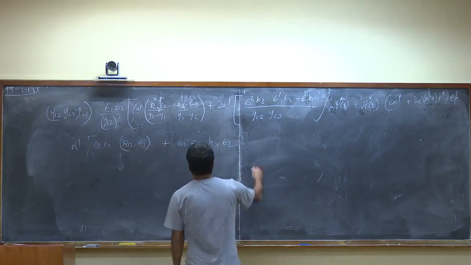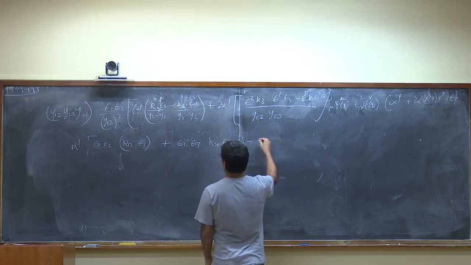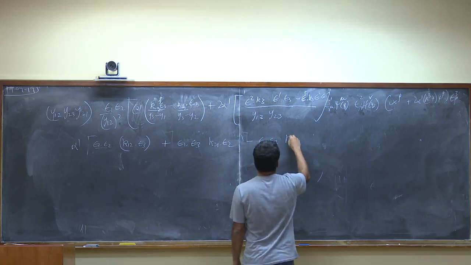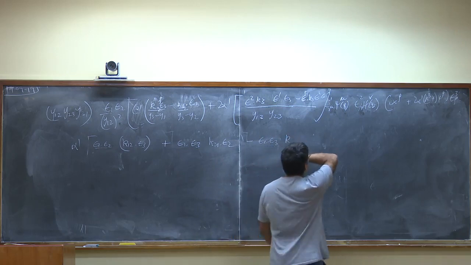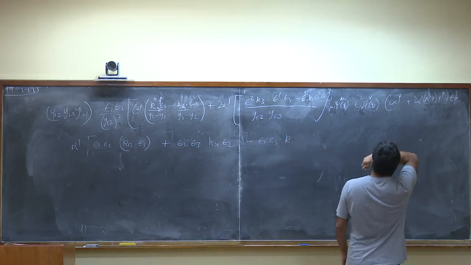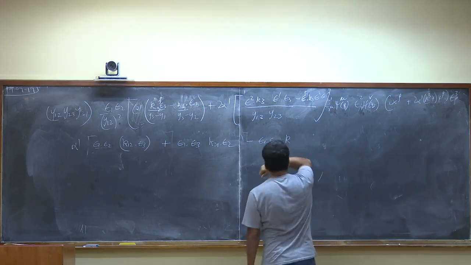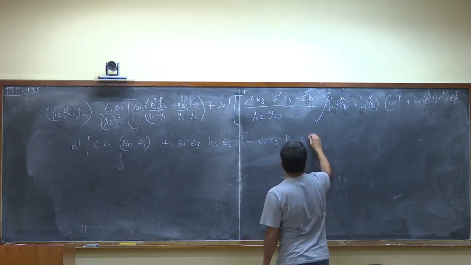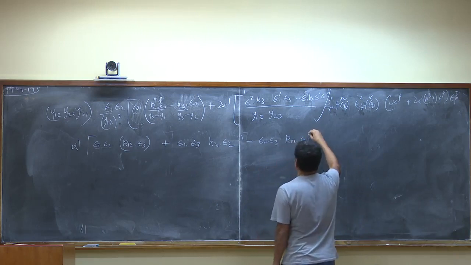And then minus epsilon 2 dot epsilon 3 into k3 dot epsilon 1, so k32 dot epsilon 1.